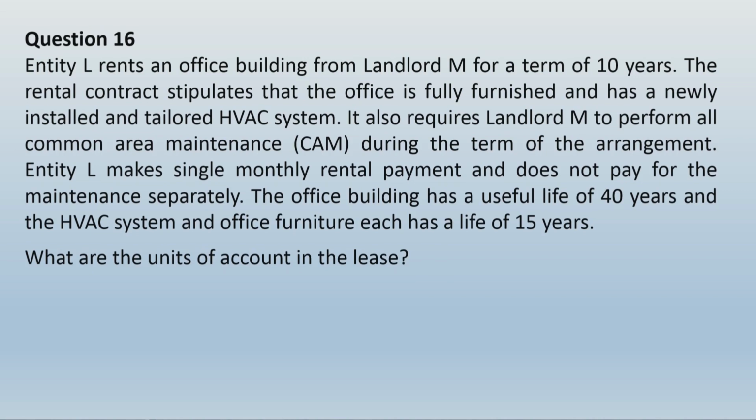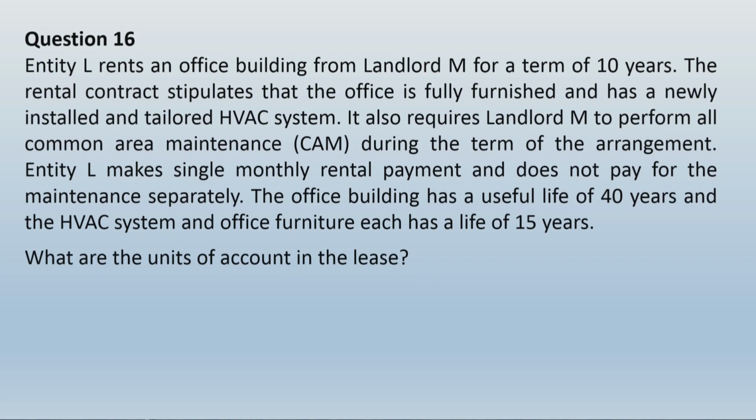Entity L makes a single monthly rental payment and does not pay for maintenance separately. The office building has a useful life of 40 years, and the HVAC system and office furniture each have a life of 15 years. What are the units of account in the lease?